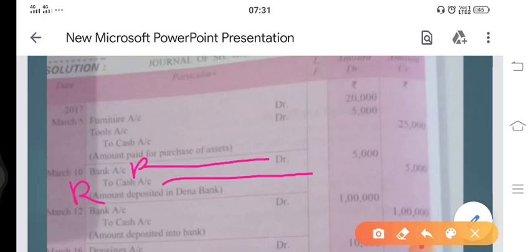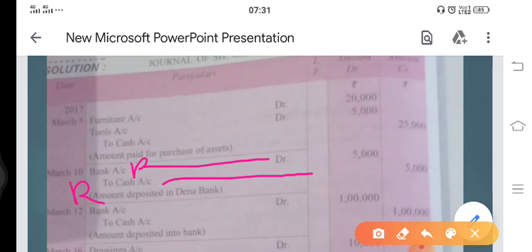Although in brackets it is given that cash is sent to bank, even if this had not been given, whenever the term banked is given, we simply have to understand that we have paid cash into the bank. Cash is paid into the bank. That means cash, being real, is going out, and it is going to the bank, that means to a person.